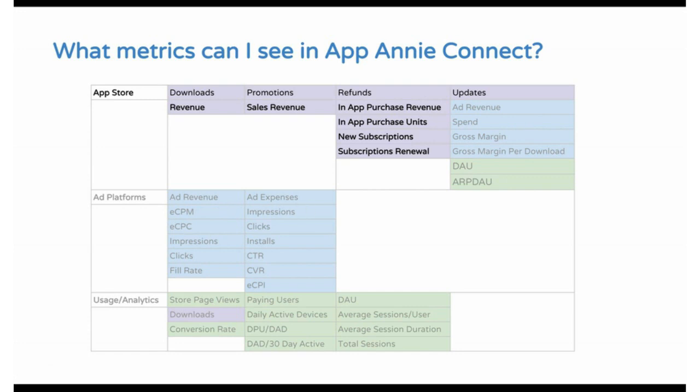Once we've completed the ad platforms section, we'll look into the usage analytics section so that you can get a complete view of what App Annie Connect could do for you.